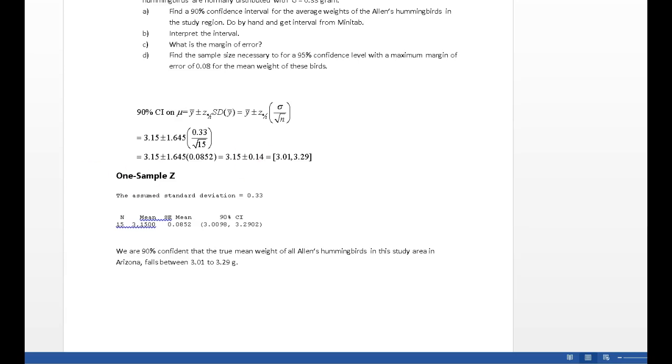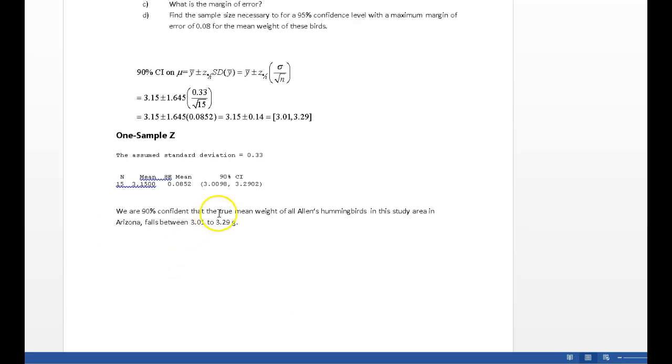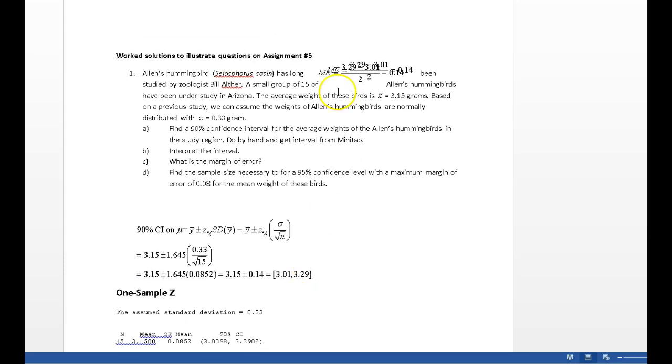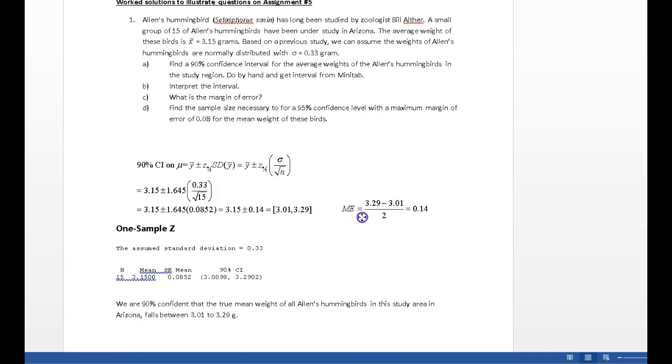Hang on, I'm trying to copy and paste something. Okay, here's the margin of error.